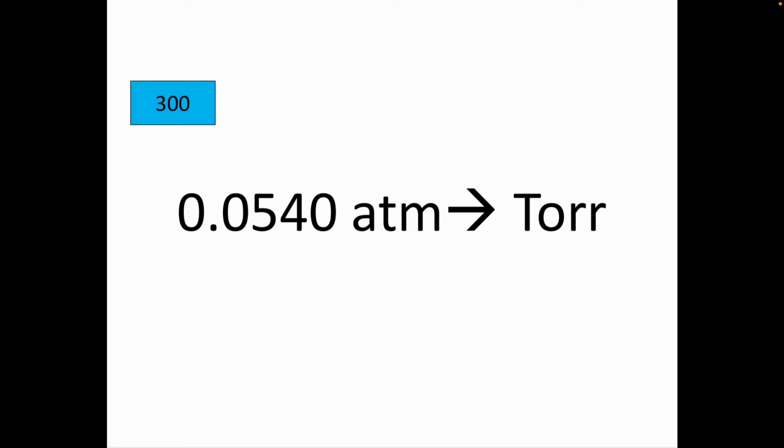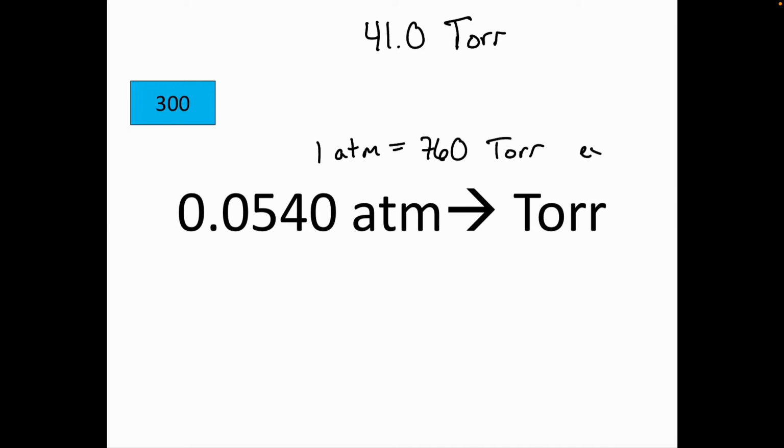All right, so 41.0 torr. So I'm going to look on my constants page, and I'm going to use the fact that 1 ATM equals 760 torr. And we can note that this is an exact conversion.